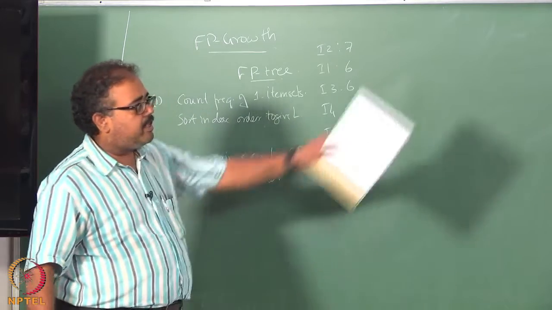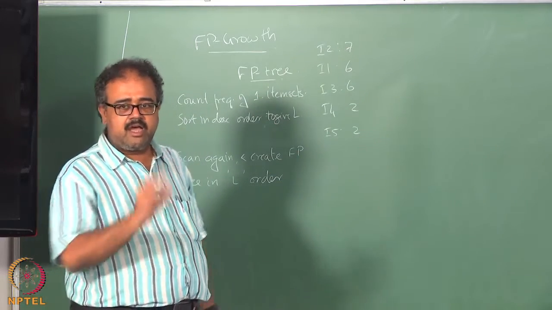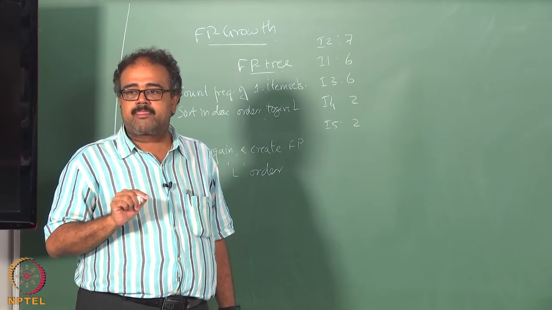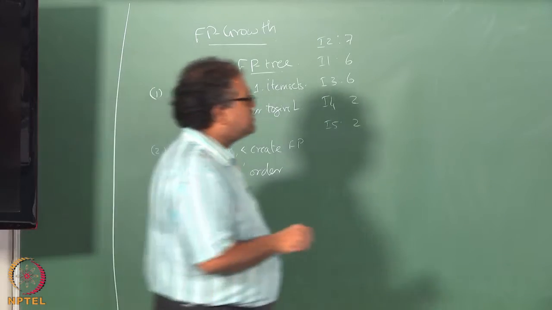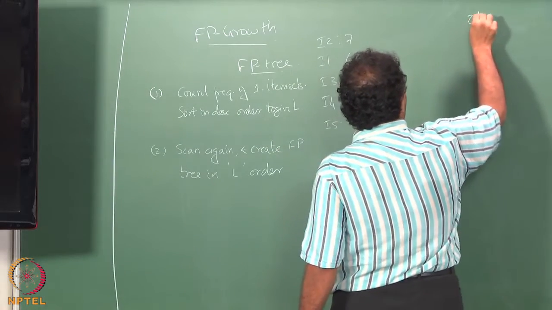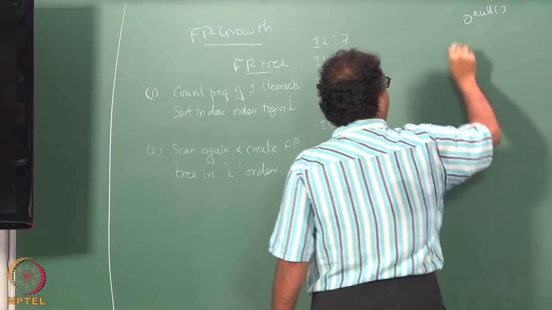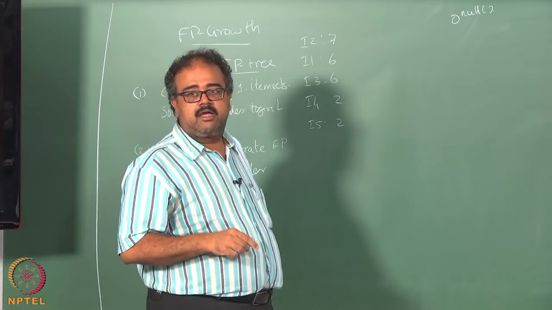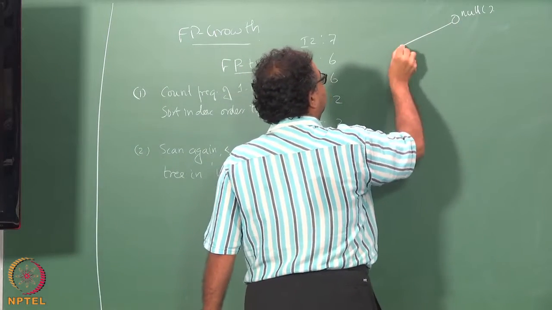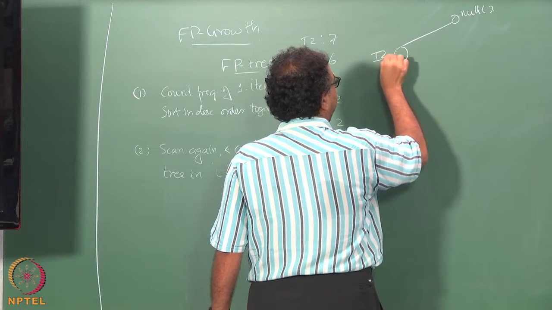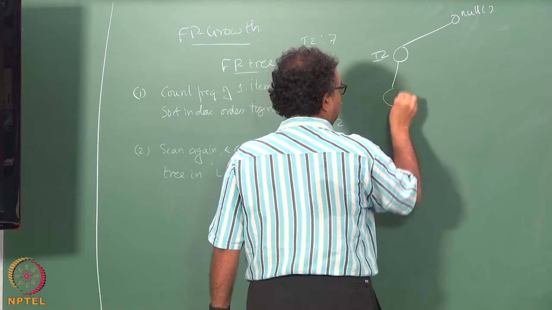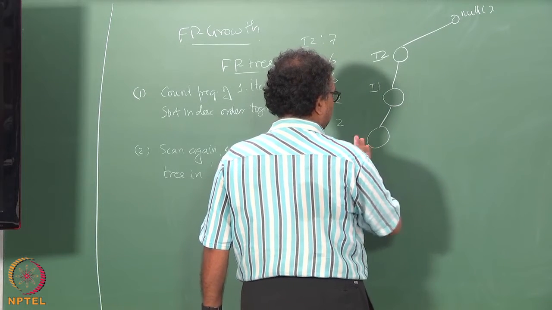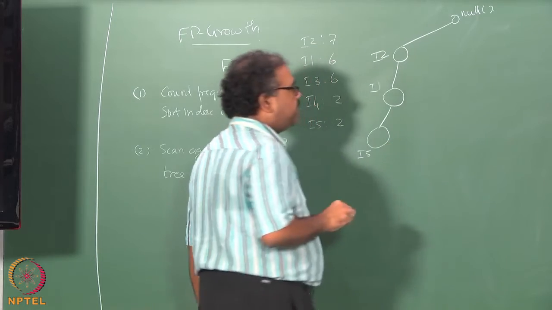In the L order, each transaction I will do this. Now for every transaction I will create a path in the tree. I will start off with the root as null, so no items. The first transaction is what? I will label this as I2, I1, I5.